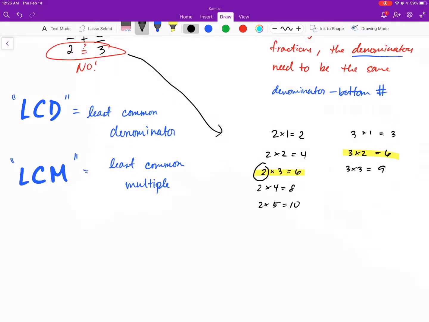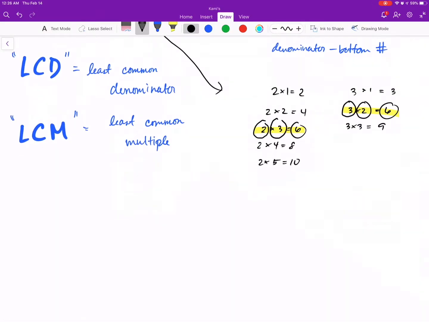So we're going to take the number. Remember, this was our original denominator. This is our original denominator. What we're going to do is multiply it by 3, and we're going to multiply this denominator by 2, so that we both end up with 6's. Now, this one you have to watch very carefully because it gets a little confusing at this point.